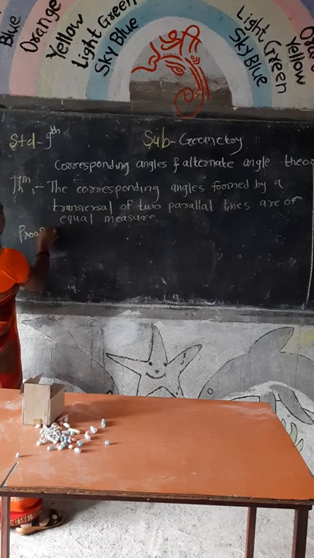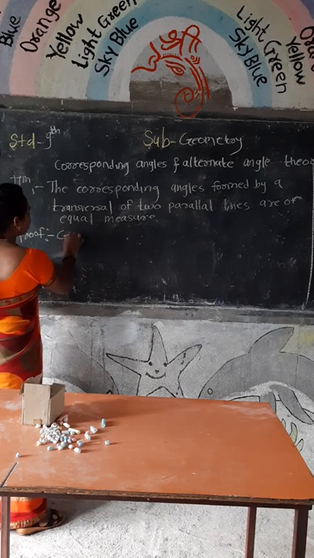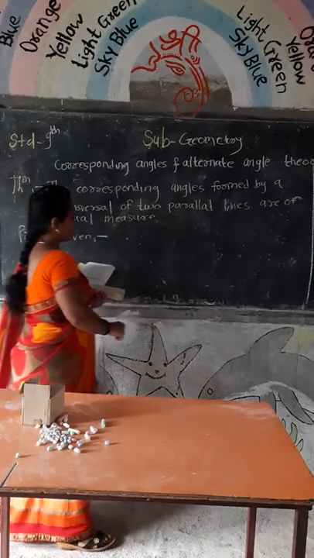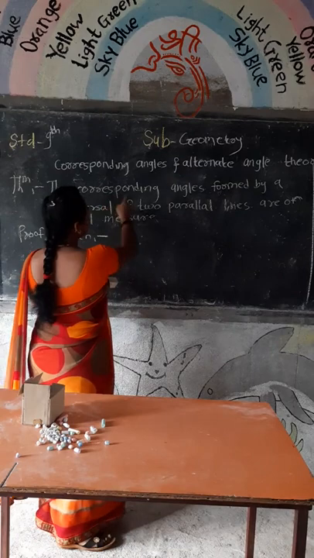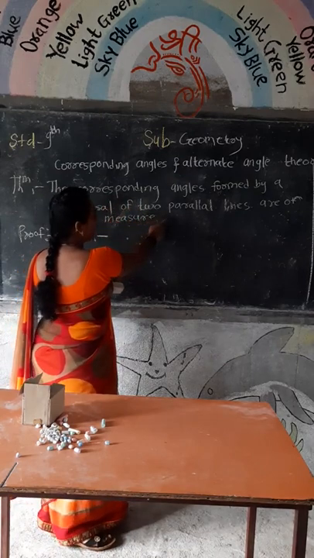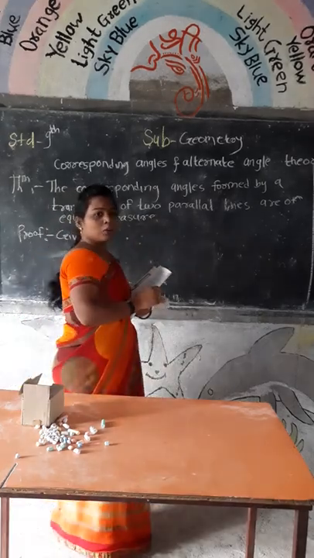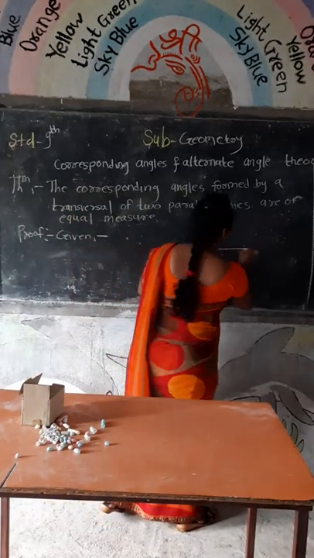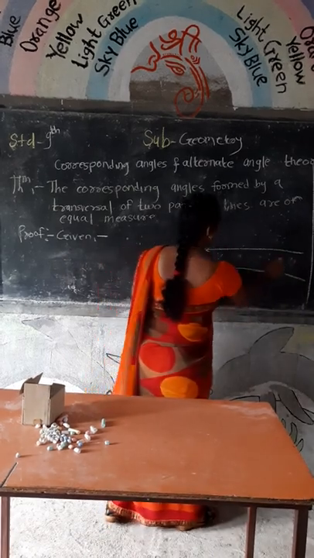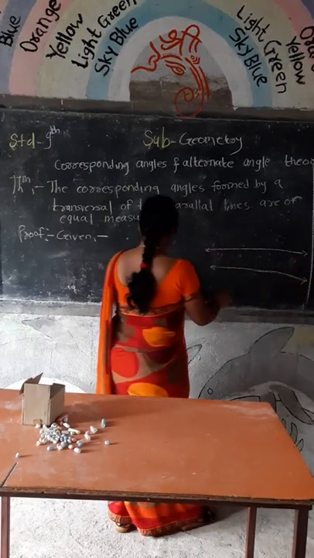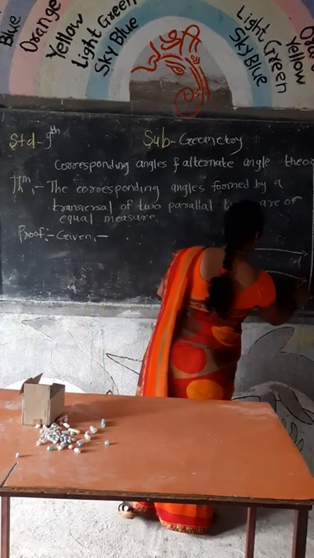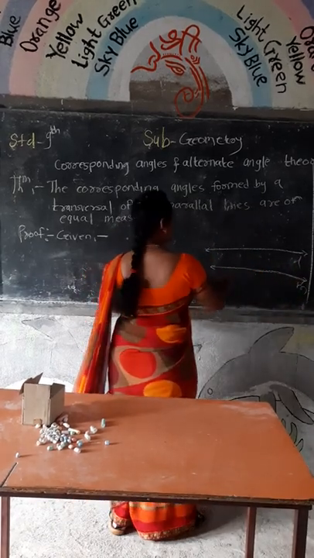First we write the given. The first step is given: the corresponding angles formed by a transversal of two parallel lines. Then we draw two parallel lines. The line here and the line here are two parallel lines.